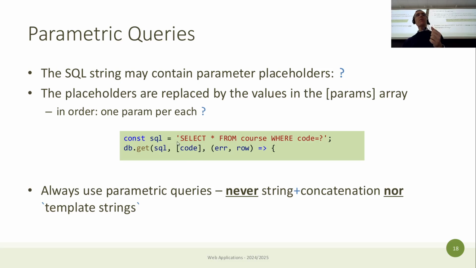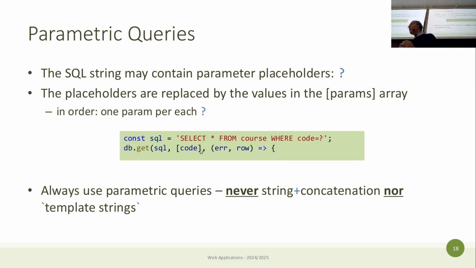And this second parameter, the array that we saw before, is the place where you can put the elements that will correspond in order, first to the first, second to the second, and so on, to the question marks that you use in the query. Those are called parametric queries. And that's a way to compose the SQL query.